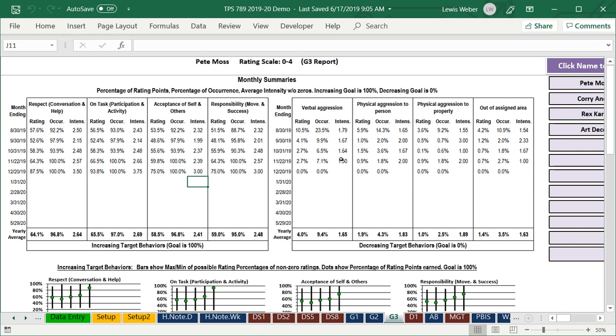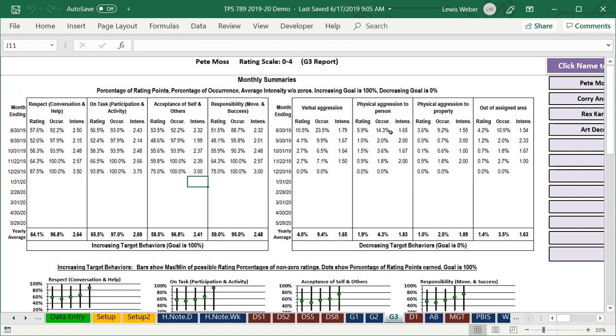Now, this is important because these numbers can be very low because the occurrence is only looking at the percentage of academic blocks or recording blocks when the behavior occurred. That may be a very low percentage if the student is only infrequently being verbally aggressive or physically aggressive to persons.